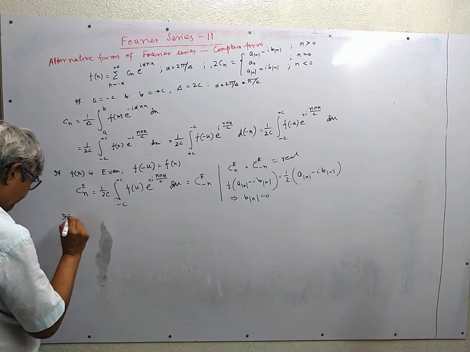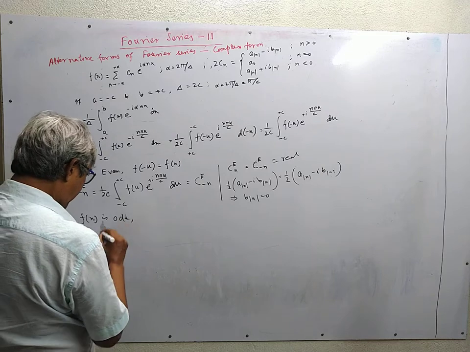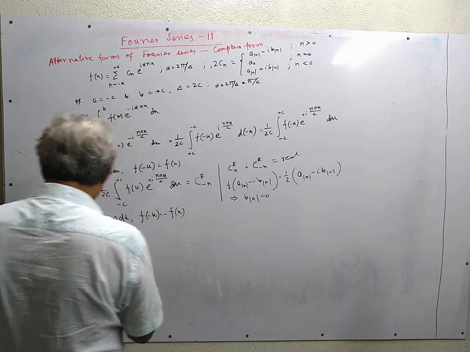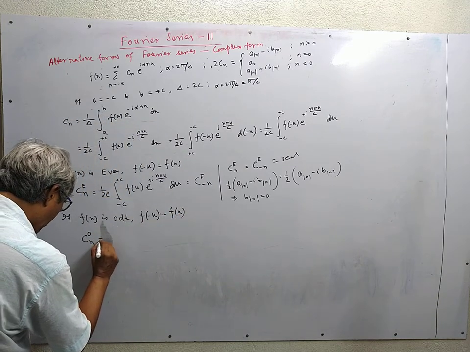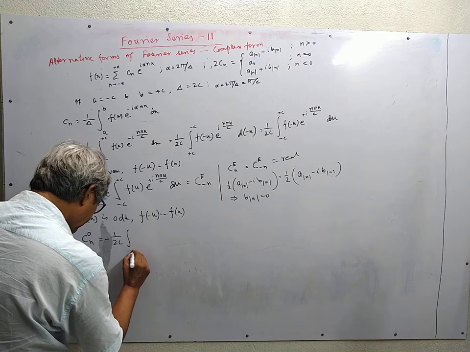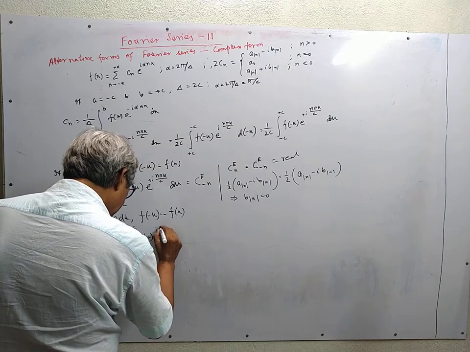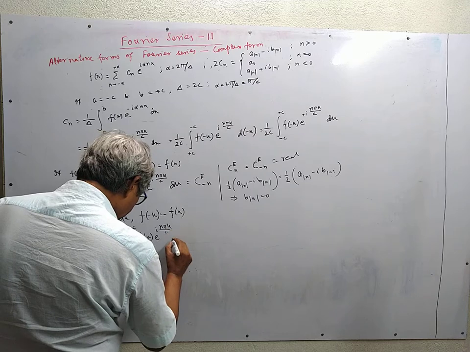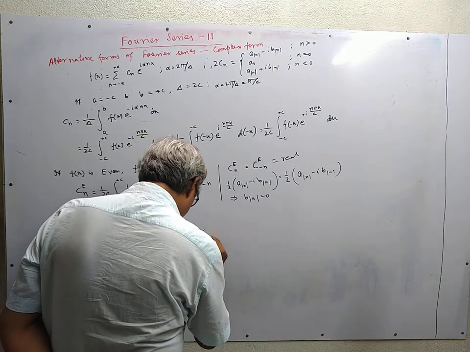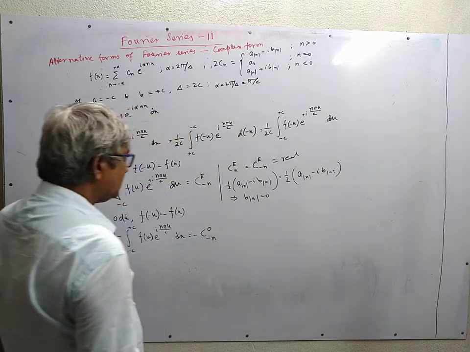And if f of x is odd, we have f of minus u is equal to minus f of u, in which case Cn of odd is equal to minus Cn of odd.